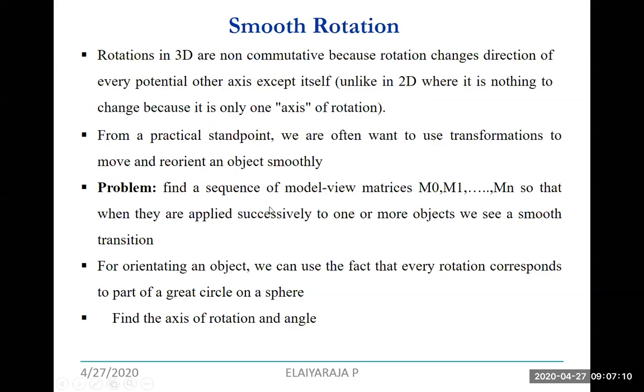For orienting an object, we can use the fact that every rotation corresponds to a part of a great circle on a sphere. So what we are going to do here is find the axis of rotation and angle.